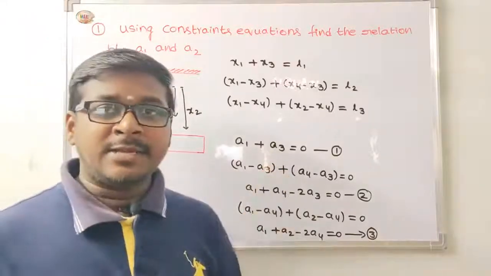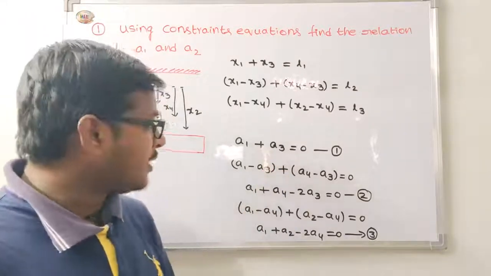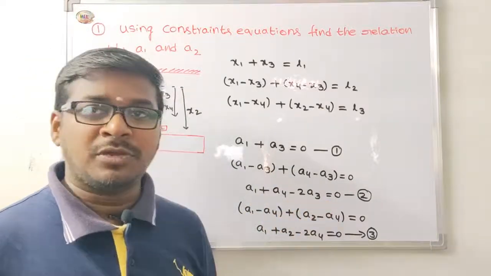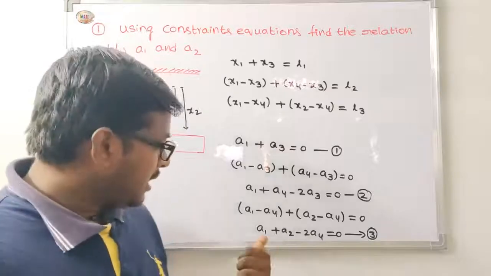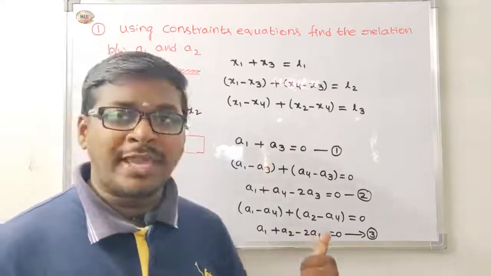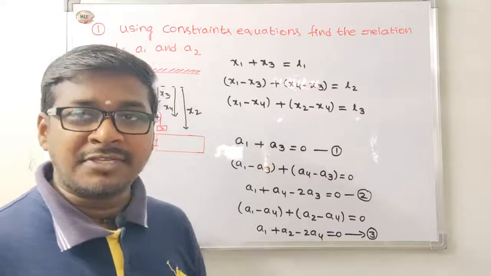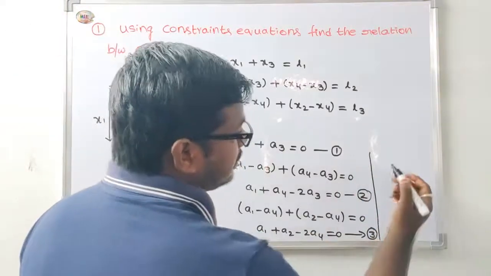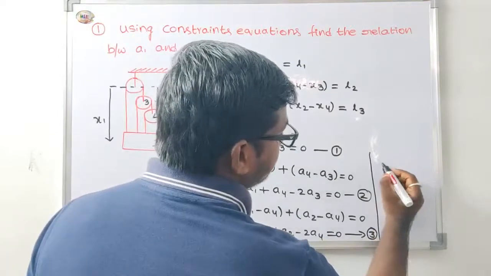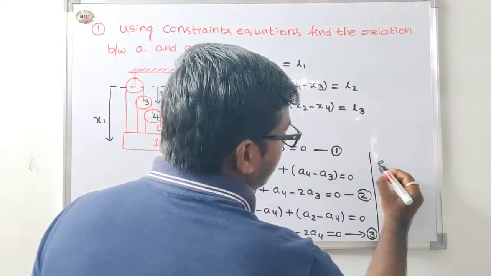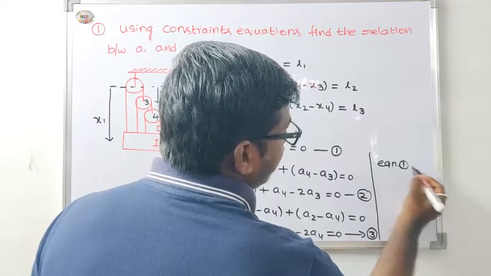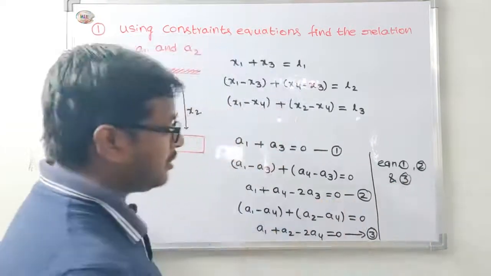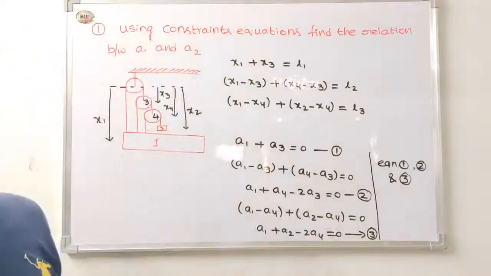So, a1 plus a3 is equal to 0, equation number 1. a1 plus a4 minus 2a3 is equal to 0, equation number 2. a1 plus a2 minus 2a4 is equal to 0, equation number 3. From equations 1, 2 and 3, simplifying, what is the relation between a1 and a2?